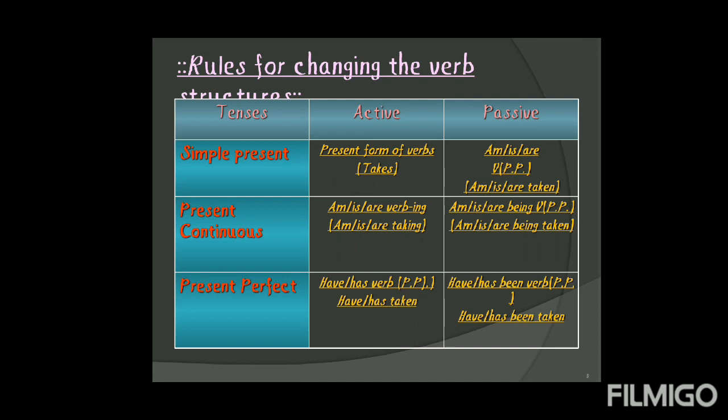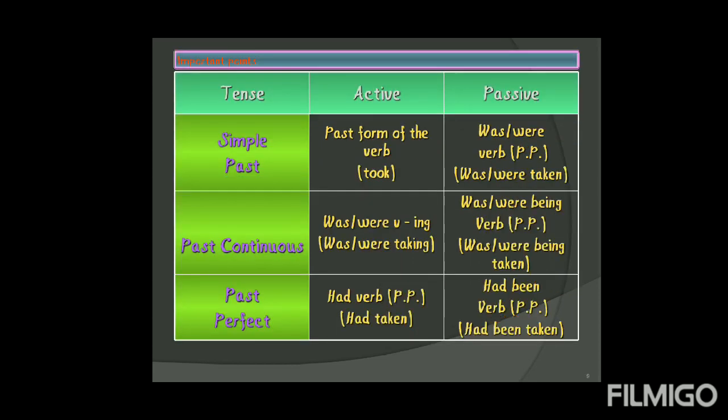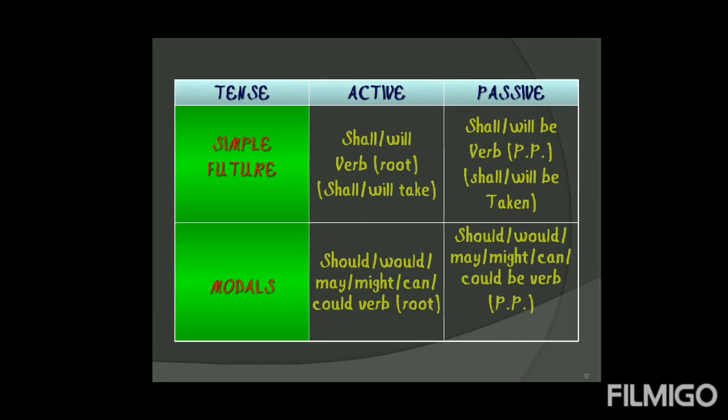And this is the structure for the past forms. Actually, if you learn the present form well, you'd get the past forms. These are very simple, just the past forms for those present forms. So the present forms are replaced with past forms only. And when we get to the future, there you'd get only simple future, and there is also structure for modals, and this is also very much important.